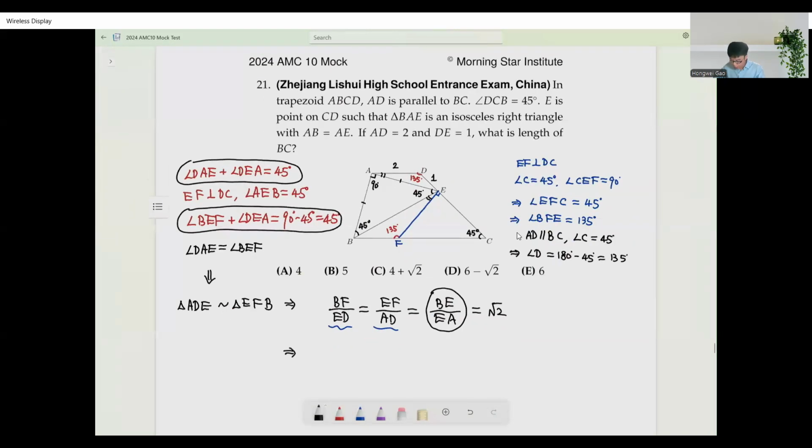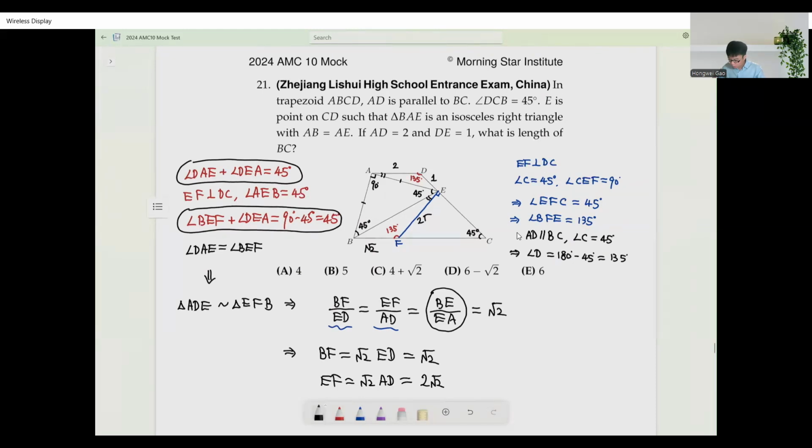For example, BF equals √2 times ED. ED equals 1, so BF equals √2. Second, EF equals √2 times AD. Since AD equals 2, EF equals 2√2.